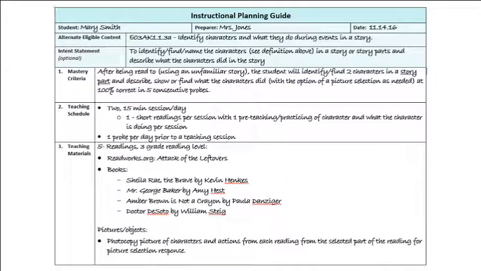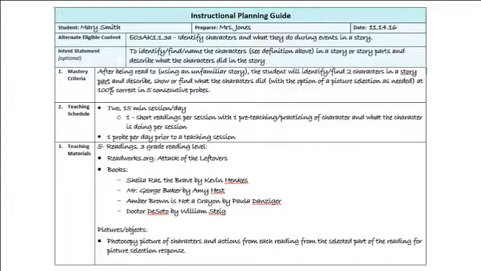So pulling it all together, just a quick little summary with an instructional planning guide. Again, our goal is not to have you filling in forms. It's just a framework and another way to look at it, thinking about what we want the student to know and how well we want them to know it, that's number one. Number two, how often am I going to teach it? How long am I going to teach it?